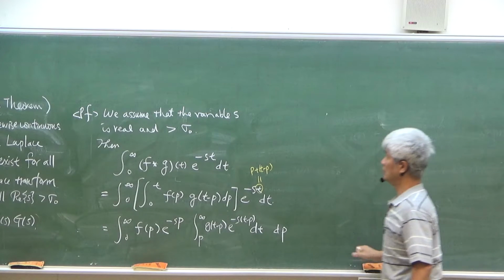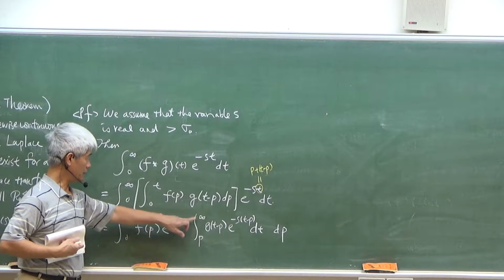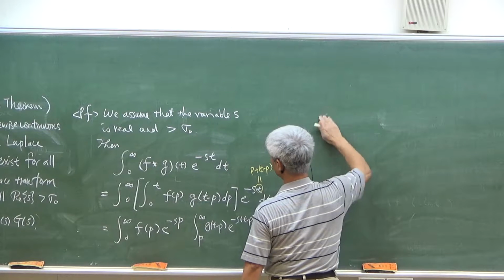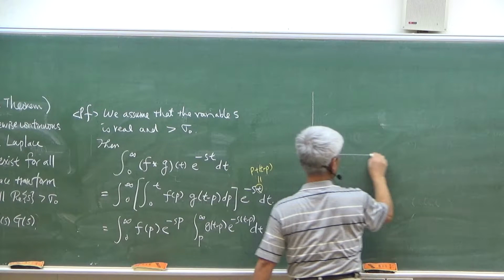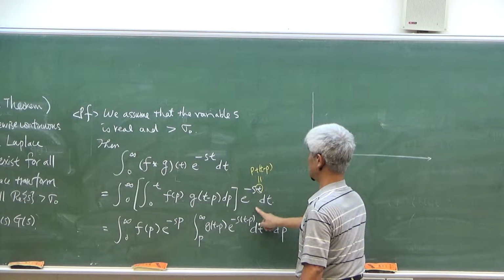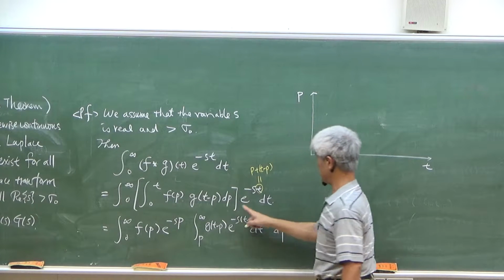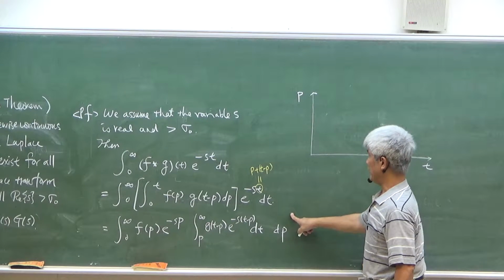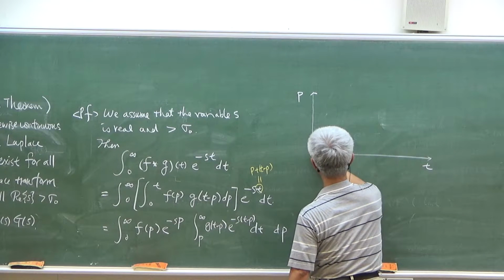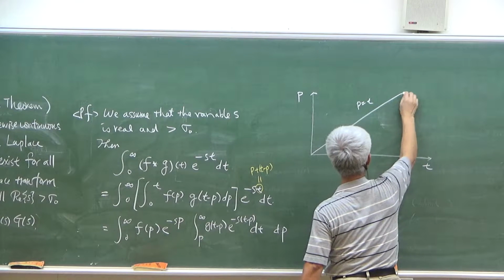If you don't know what the proper integration lower limit and upper limit are, the best way is to just draw. So you have this is t and this is p. For p, the integration is here. This is p equal to t.